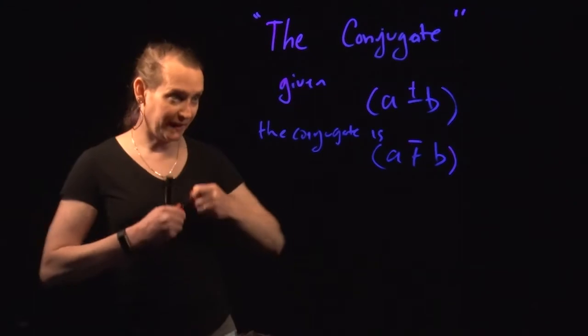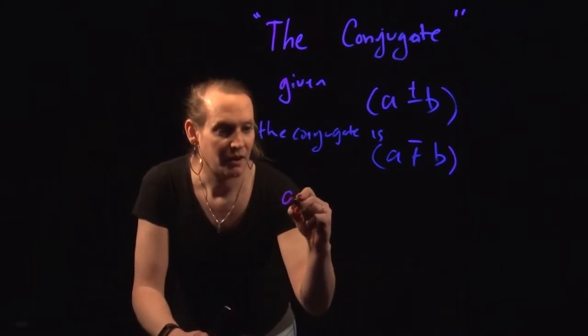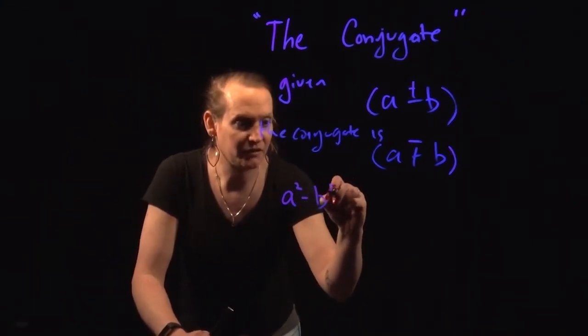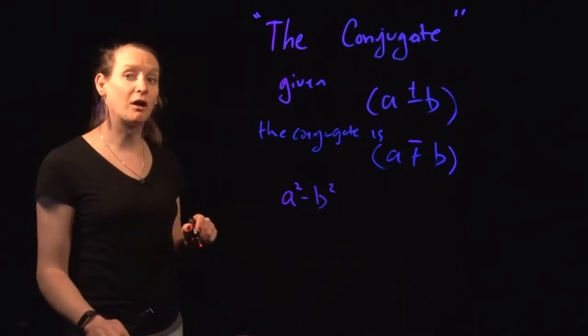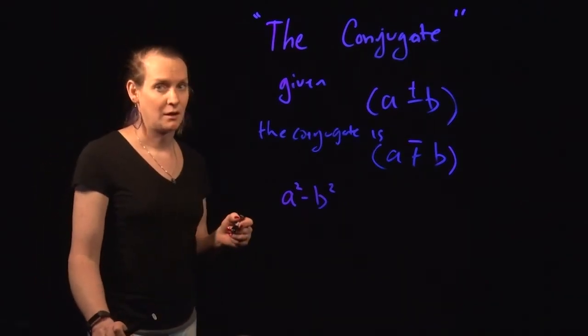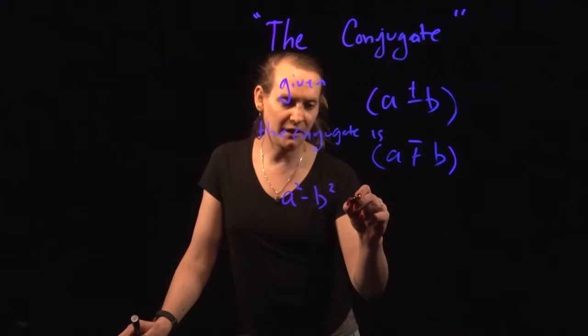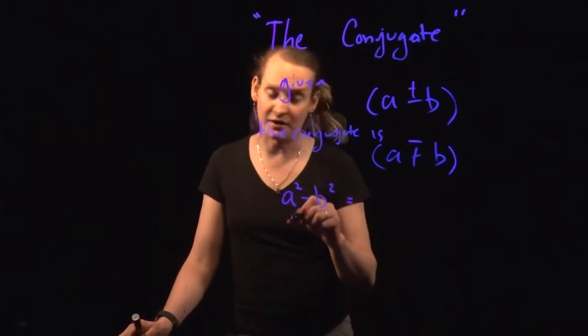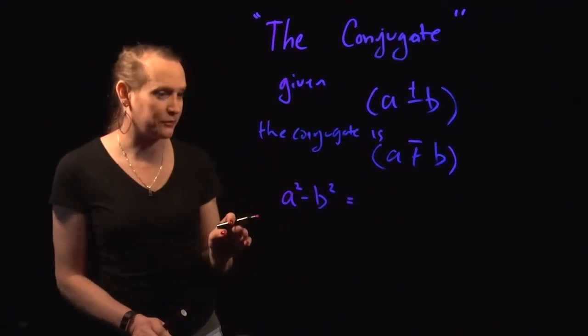And the reason is that A squared minus B squared easily factors. It's not a perfect square.